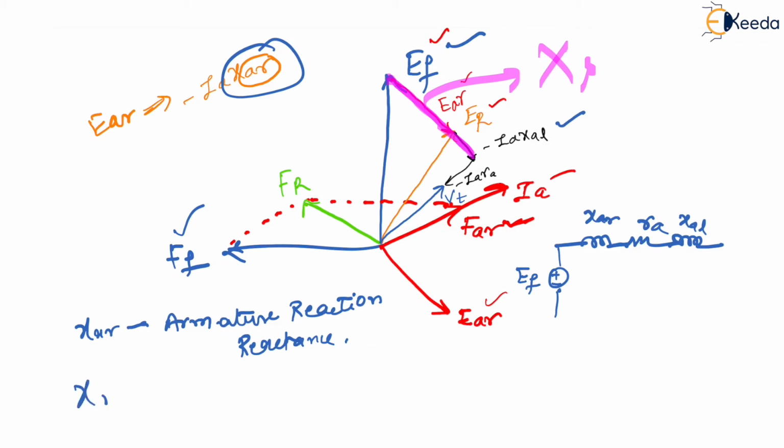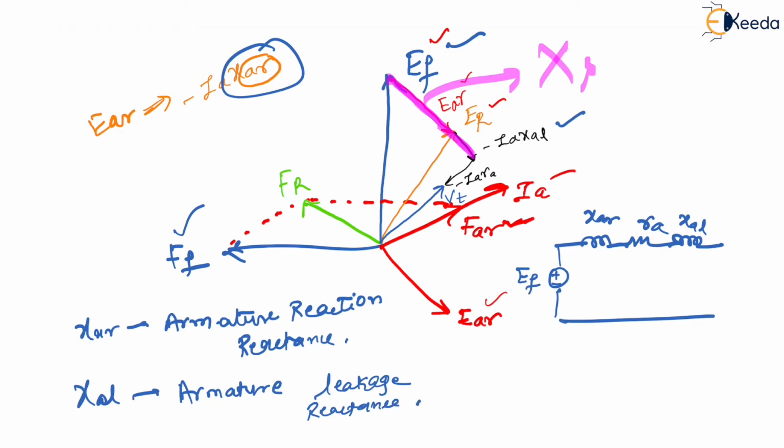XAL is what? Armature leakage reactance, correct? Now to close this way, this is IA, and here I will get VT, which is the terminal voltage. Is that correct?